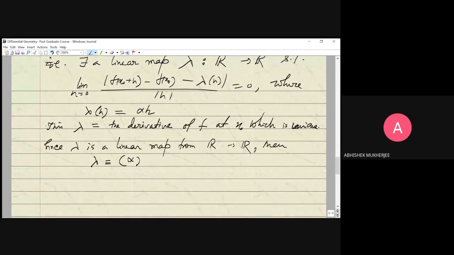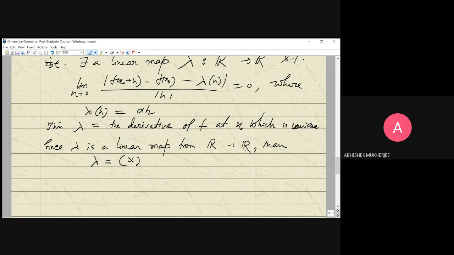And in general, if we consider a map F on an open set V of Rn to Rm, then the derivative of F at any point of V will be represented as a matrix of order m cross n.